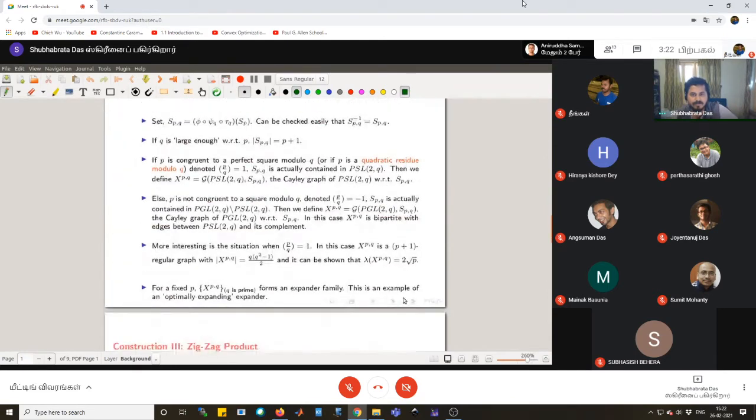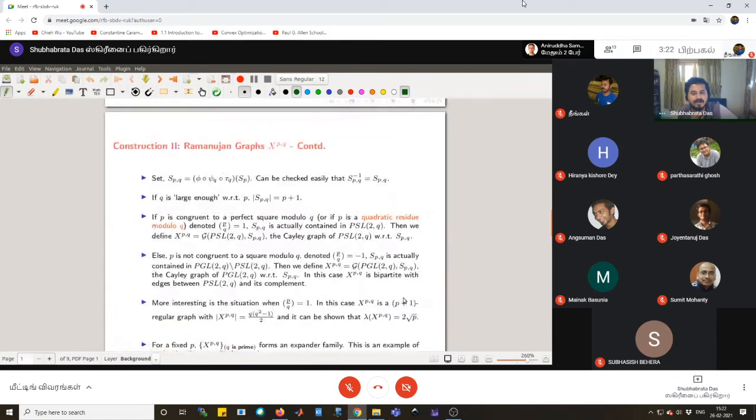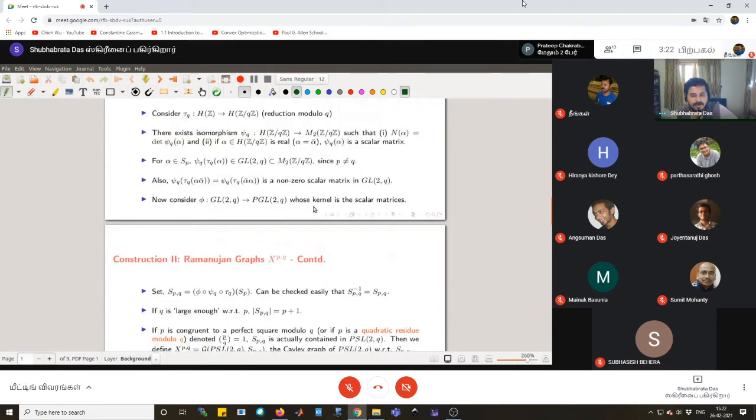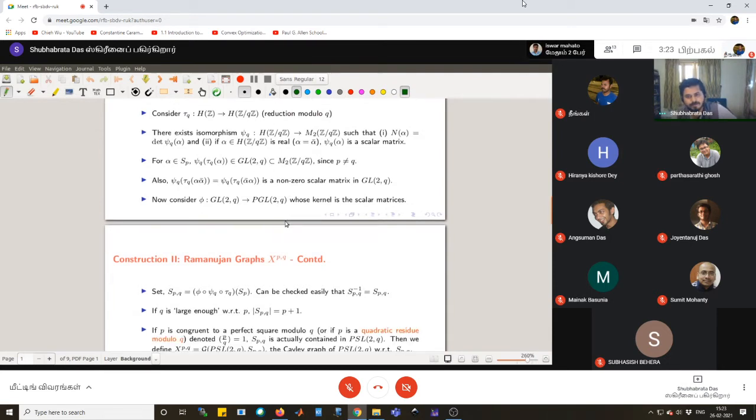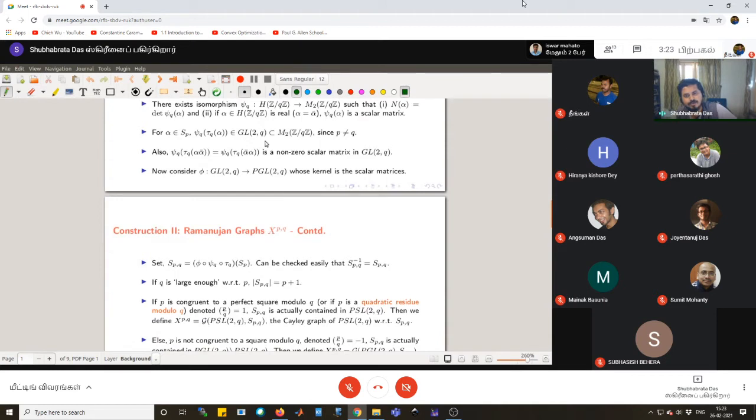So now we will take the image of SP under all these maps. First we come from HZ to HZQ and then to M2 of ZQ, and then we find that the image is actually in GL2Q. From GL2Q we also pass on to PGL2Q.